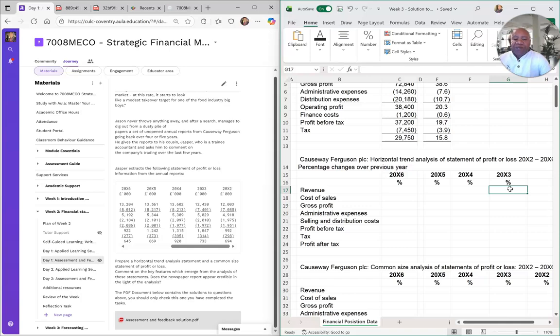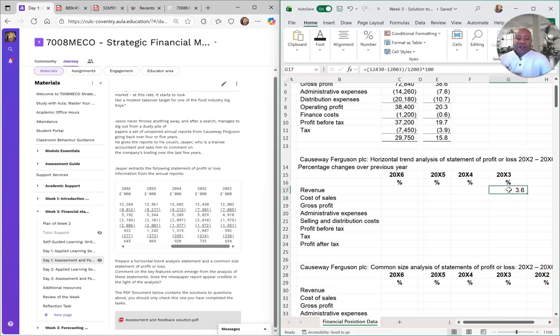So here, what we have is 12,430 minus 12,003, then divide that by 12,003 times 100. And so that is a 3.6% change over the year. So between 20X2 and 20X3, turnover has increased by 3.6%.